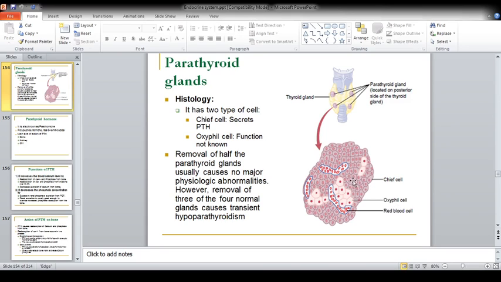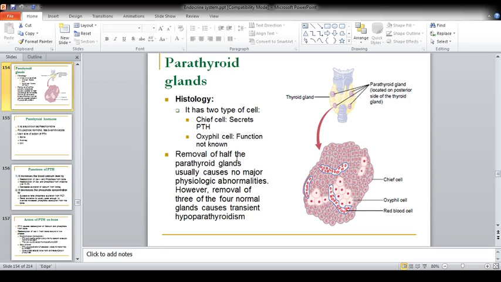Oxyphil cells are sparse in the parenchyma of the parathyroid, and their function is less known or not known. Whenever we talk about the parathyroid, we are mainly talking about these chief cells. These are the red blood cells, which are located within the parathyroid.